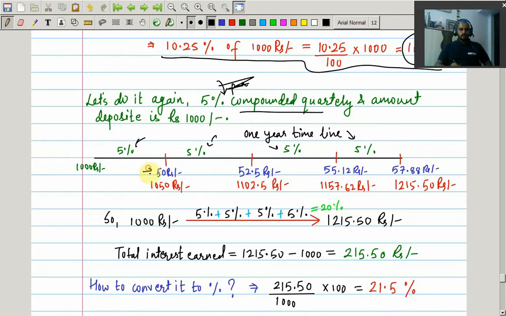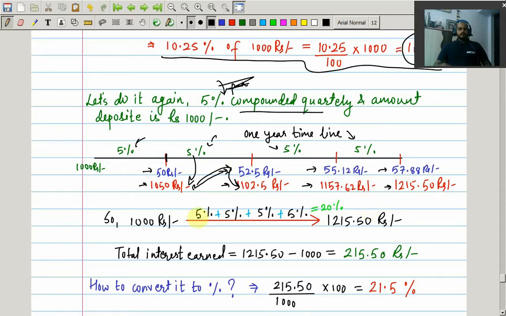In blue color, I have written interest amount, interest money. And in red color, it is the final amount after taking the interest. So for the first quarter, 5% of 1000 is 50 rupees. Add it to the 1000. This is the amount at the end of 3 months, first quarter. So 5% of this is this. This is my interest. Just add this to this amount, you will get this.